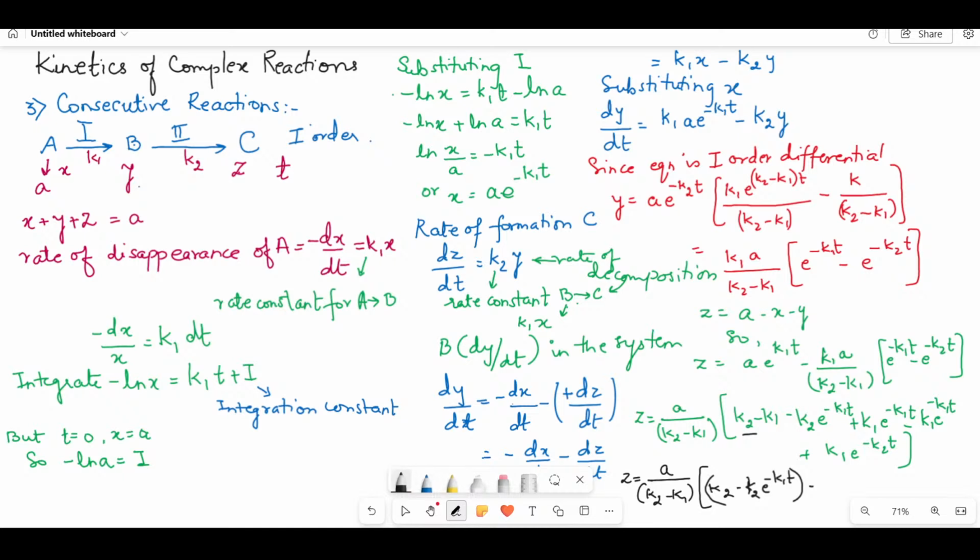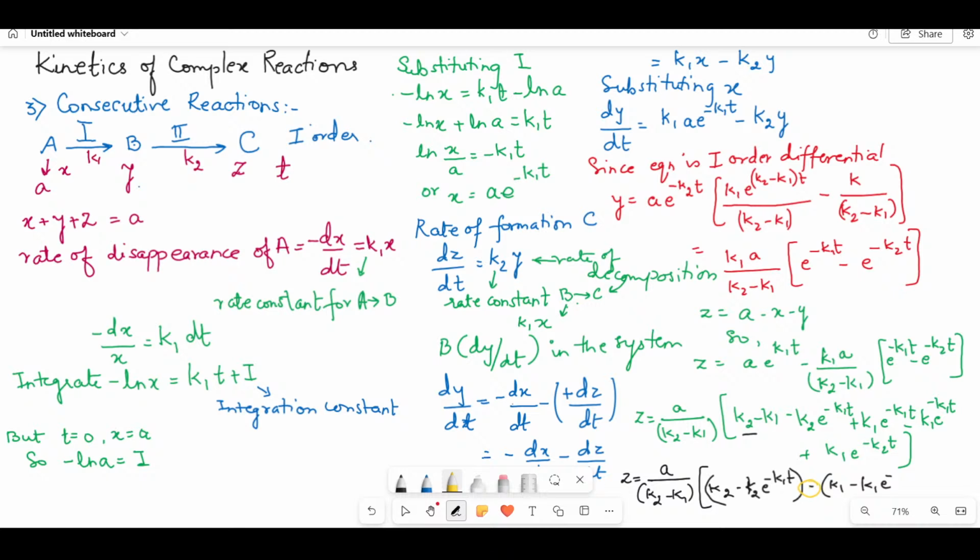So now what we are having is minus k1 minus k1 e raised to minus, since it is a minus symbol here, there is a minus symbol here.